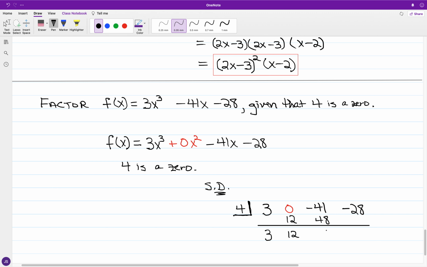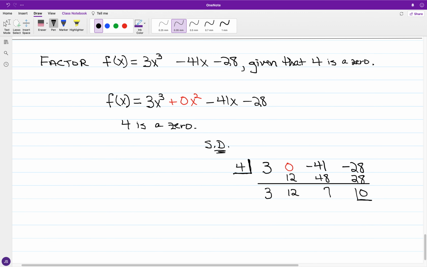Negative 41 plus 48 is 7. Then 4 times 7 is 28, and negative 28 plus 28 is 0. So the remainder is 0, which we want. Otherwise, 4 would not be a 0.